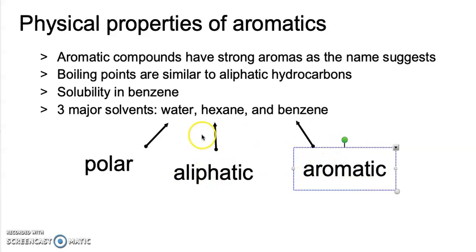Okay, so those are kind of your 3 major solvents: water, hexane, benzene, and they each dissolve, or I don't want to say dissolve, they each have miscibility with different types of aromatic compounds, or if it's not aromatic, it could be aliphatic or something that's polar.